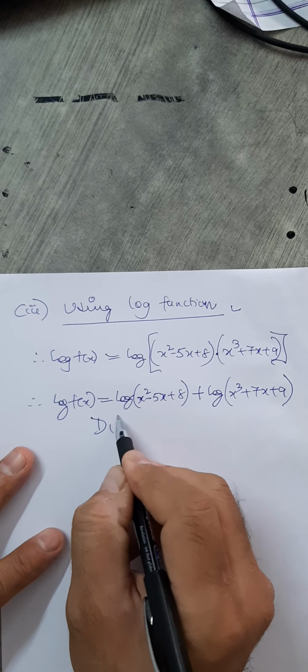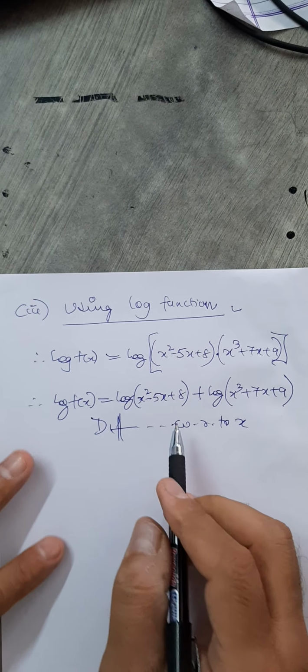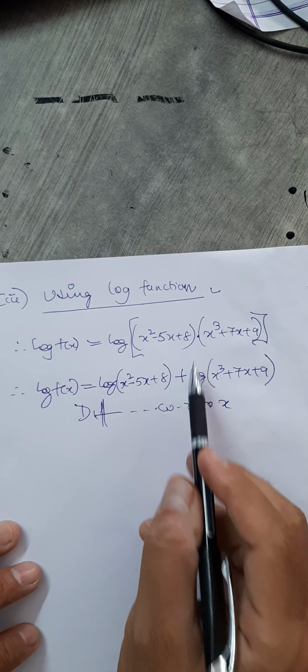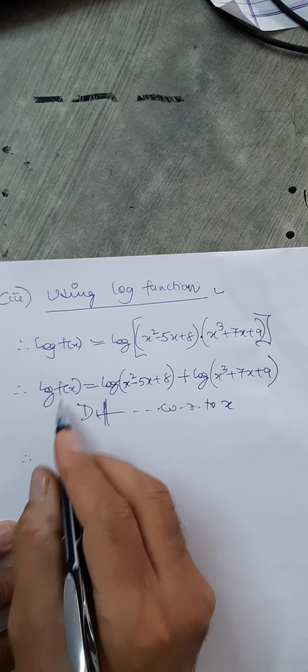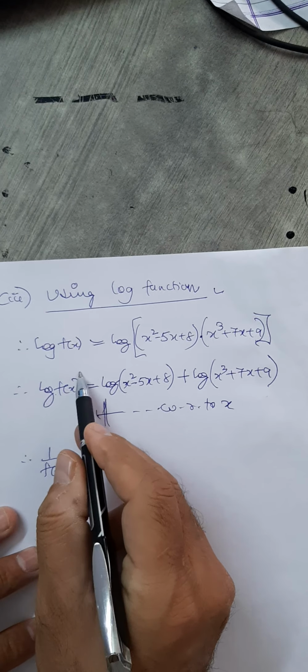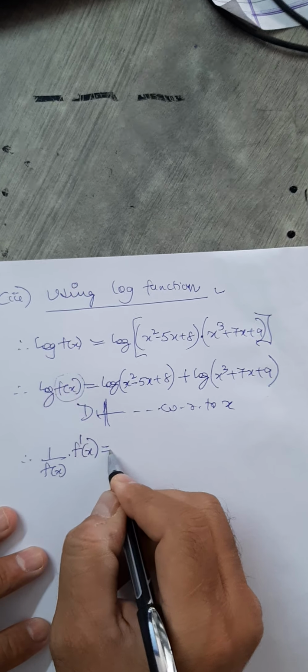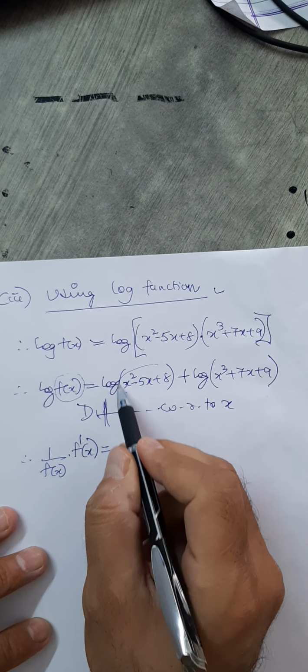And now we differentiate it, differentiating with respect to x. So what's the derivative of this? 1 upon f(x) into, by chain rule, derivative of f(x), which is f dash x, equals, here use chain rule.